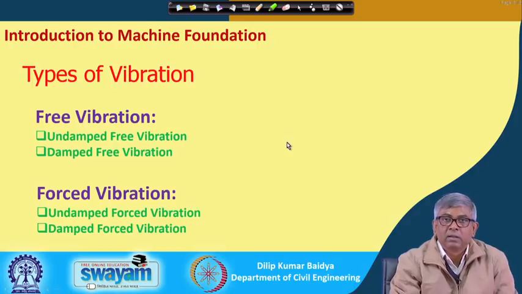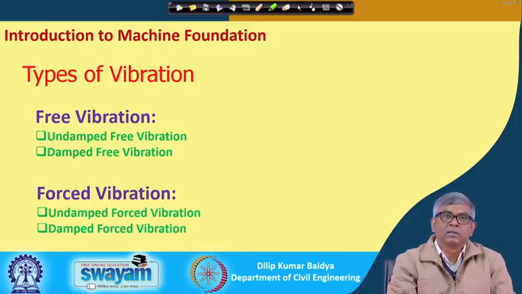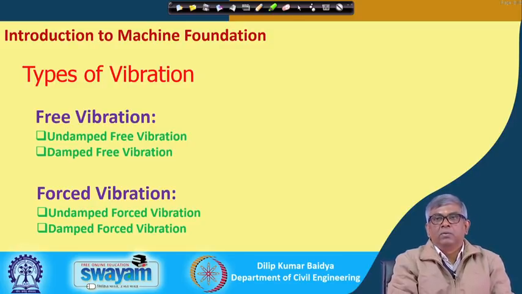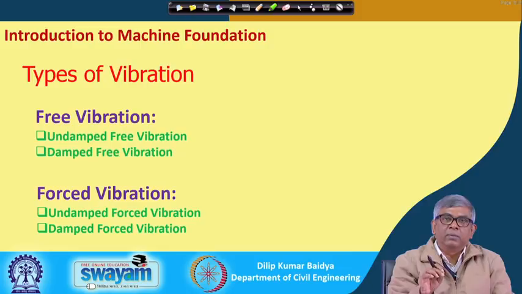As we know, there is dynamic force from different sources, and because of the dynamic force there will be vibration, and our aim now will be to estimate that amount of vibration.